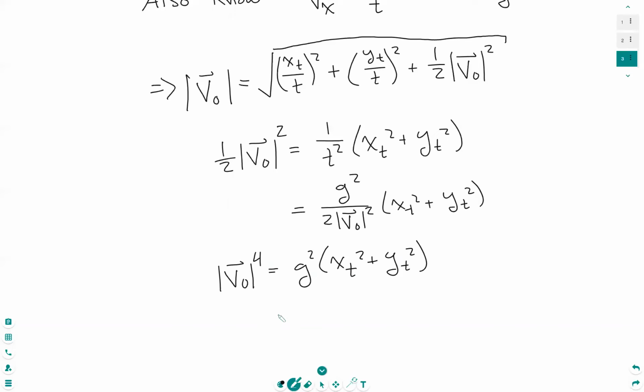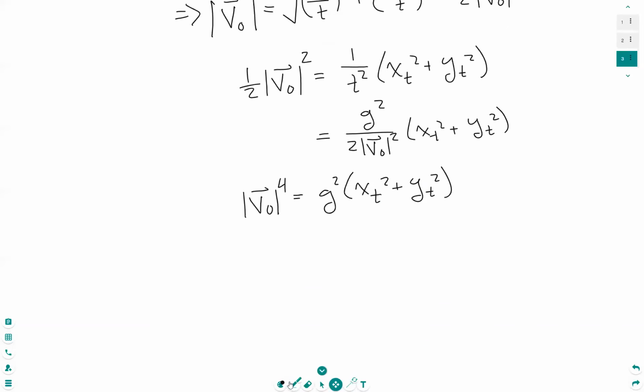We take a 4th root, so we can finally get the magnitude of v naught. This is the square root of g times the 4th root of our quantity xt squared plus yt squared.